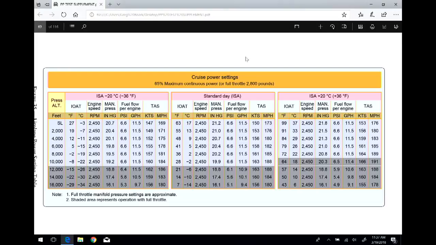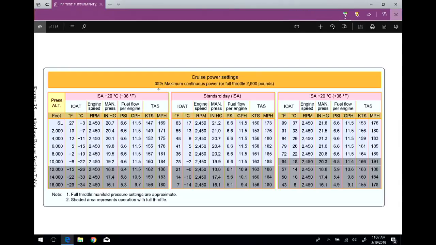Okay? So let's look and see what we have here. I'm going to look at this one first. So here, I've got this box, this box, this box. What's the difference? Standard day temperature. Thank you very much. So the one on the left is going to be colder. The one on the right is going to be hotter. The one in the middle is just right.